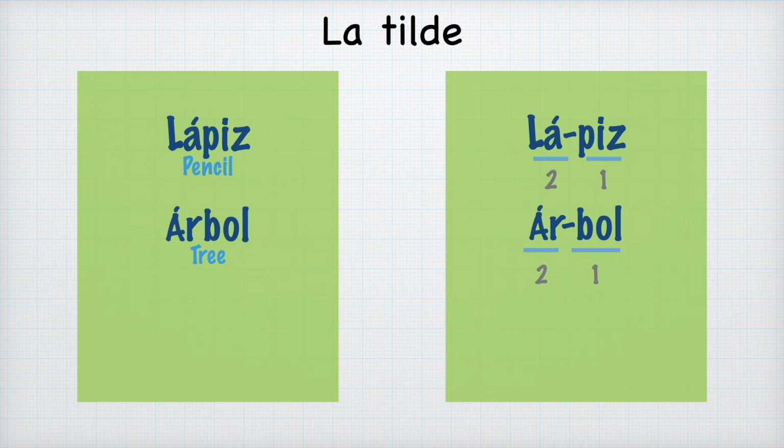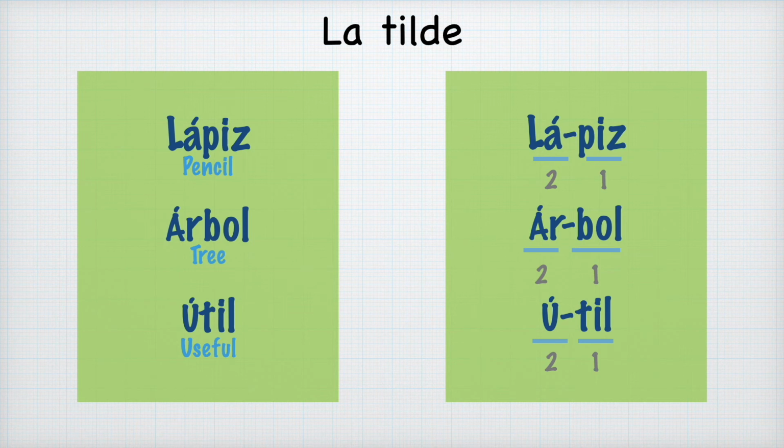And again, that doesn't sound right. And then we have útil, which means useful. And again, it has 2 syllables. And we see the accent on the U, so we're going to stress that one, útil. Otherwise, it would have sounded like util. And again, it doesn't make sense.